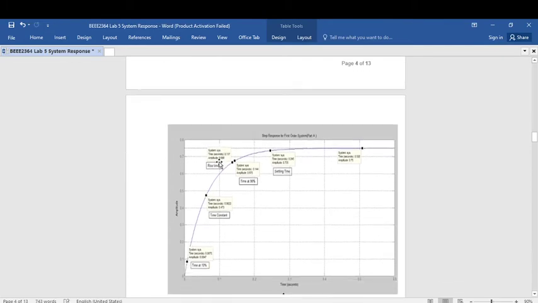Firstly, we want to find the final value. We right click on the blue line of the graph, and we get the final value is 0.75.